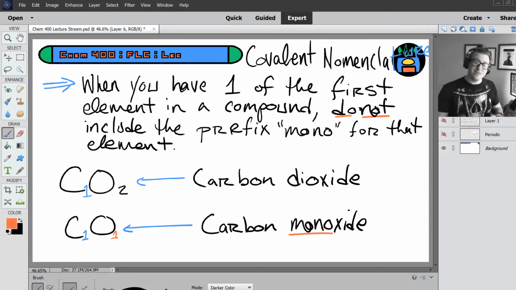I'm not going to cover that until we get to acids. In chapter 4, we'll learn about acid-base chemistry, and I am planning on covering acid nomenclature when we reach that point. So for now, you don't need to worry about it. We'll be picking that up a bit later.